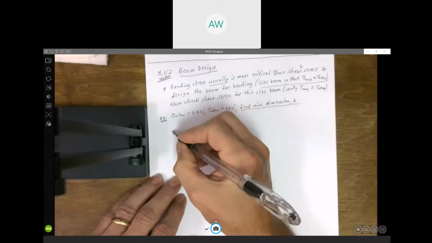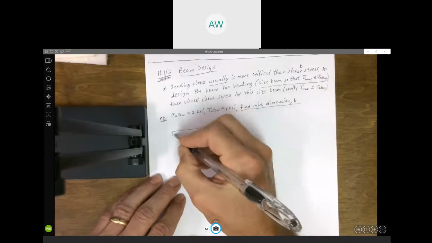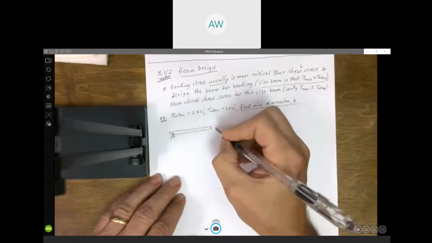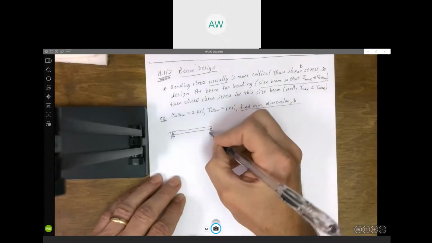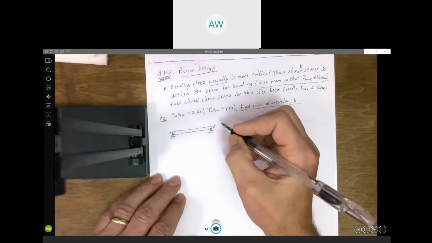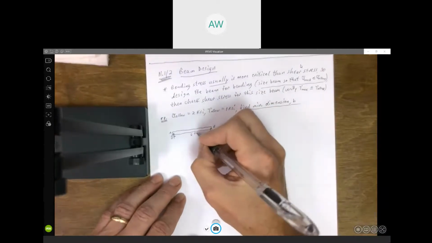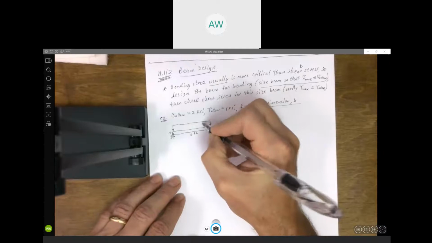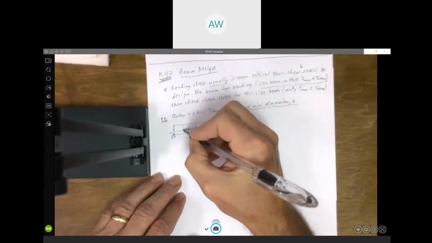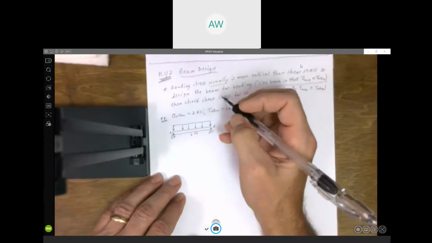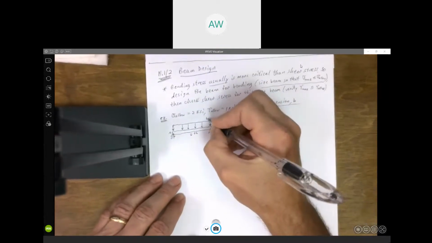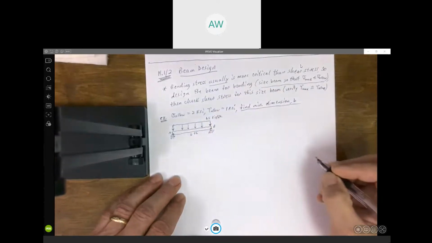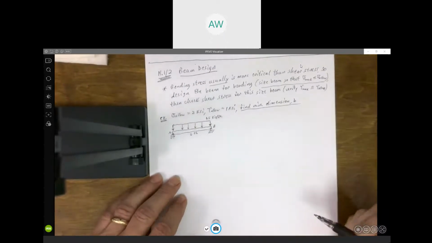What we've got is a simply supported beam with a pin support at this end and a roller at the right end. It's 6 feet long, and we've got a constant distributed load that runs the entire length of the beam, and this is 1.5 kips per foot. So that's the beam, how it's supported, and the loading that's applied.